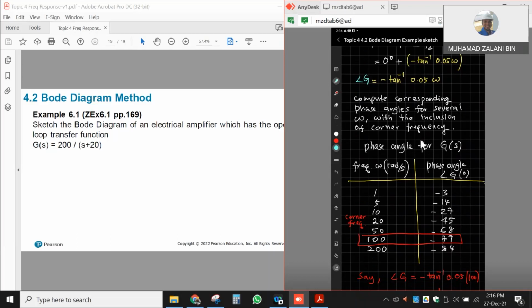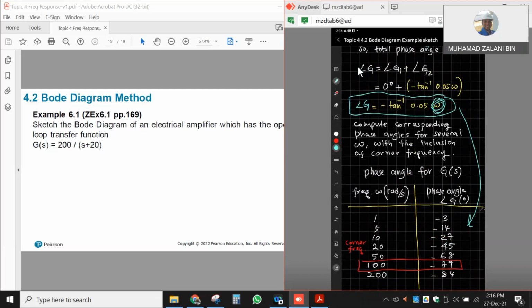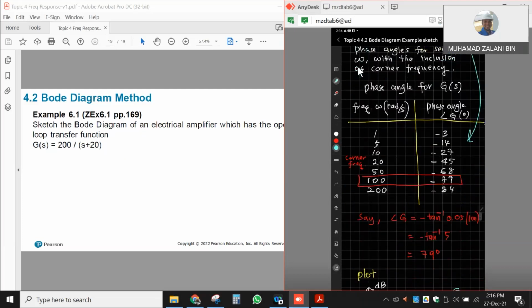So we can further compute to estimate the points of the phase angle of G of S by substituting all of the values, starting from omega equals 1, omega equals 5, omega equals 10, and so forth. When we vary this frequency, what is the angle using this equation? When we change omega, we can do it like this.